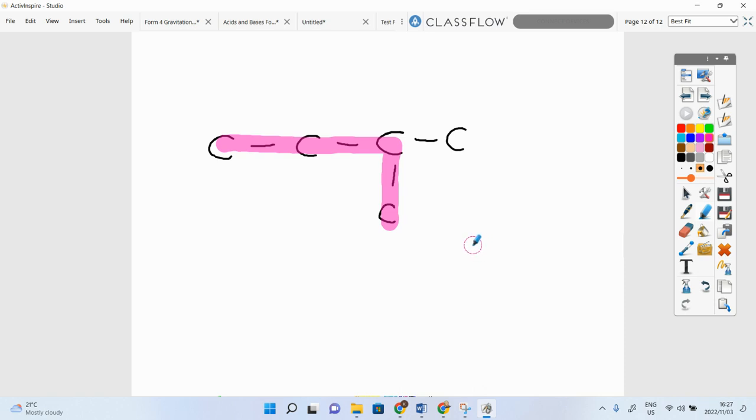So what is your longest chain that you can make? 4. It doesn't matter if you do this one or this one, because remember, this is a flexible thing. It's the same thing. So let's do that one. Because that is still your longest chain, how many carbons in your longest chain? 4. So it's but, butane.